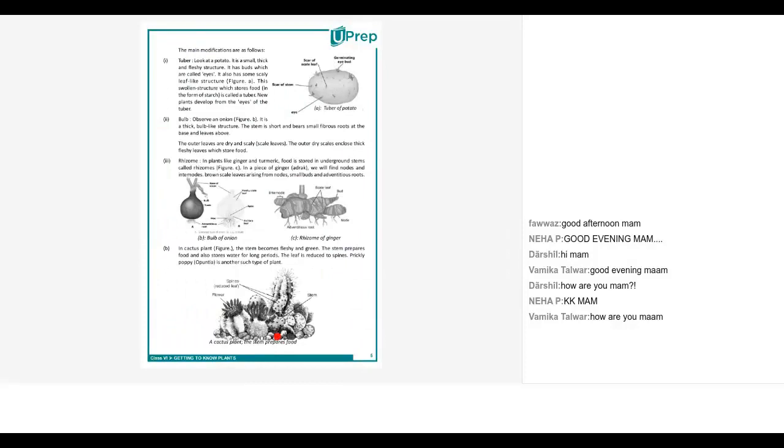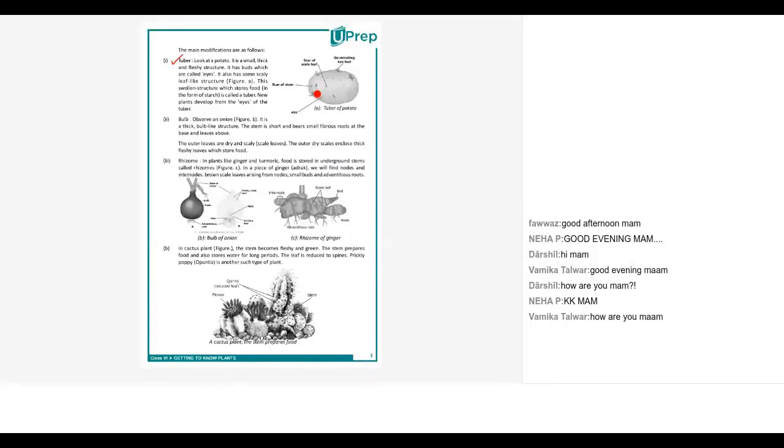Yes, ma'am. Okay. So, this kind of thing is called a tuber. This is what we were discussing. Normally, the skin of a tuber is very thin. You will see your mom peeling the skin of a potato; the outer peel is very thin.